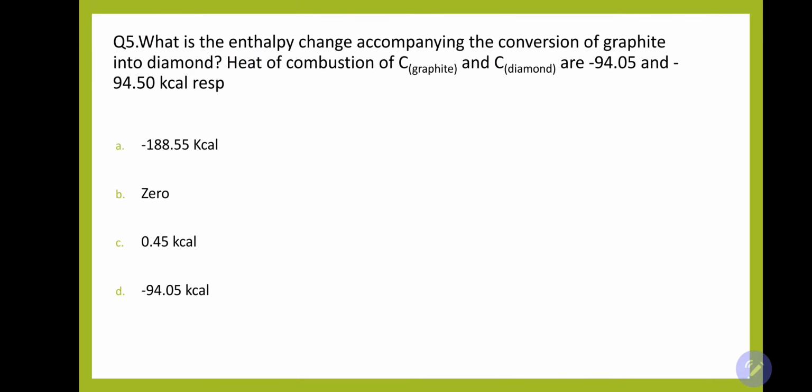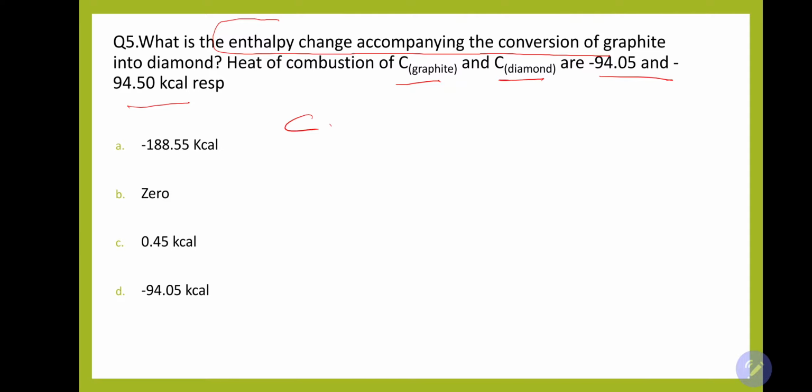The next question is, what is the enthalpy change accompanying the conversion of graphite into diamond? Okay, here the heat of combustion of graphite and diamond are given to you, and they have asked you to find the enthalpy change which is accompanying the conversion of graphite into diamond. So how to solve this question?